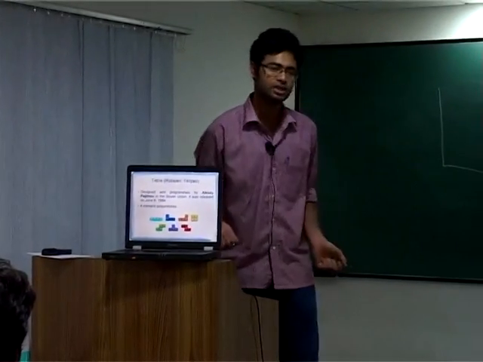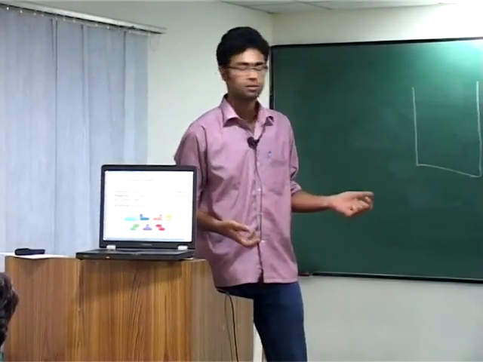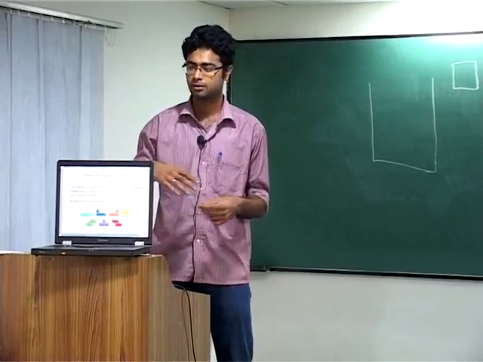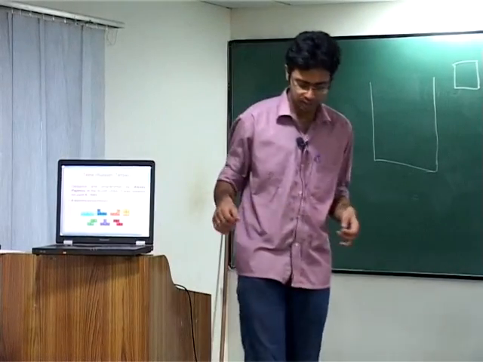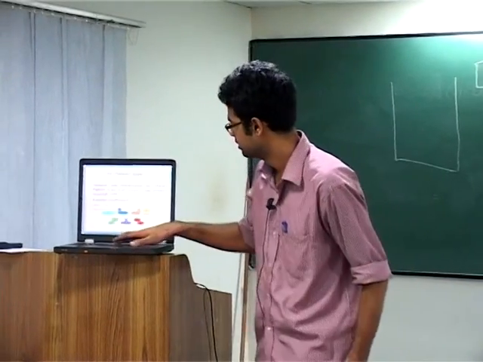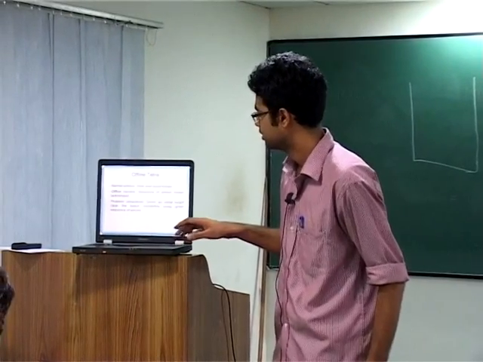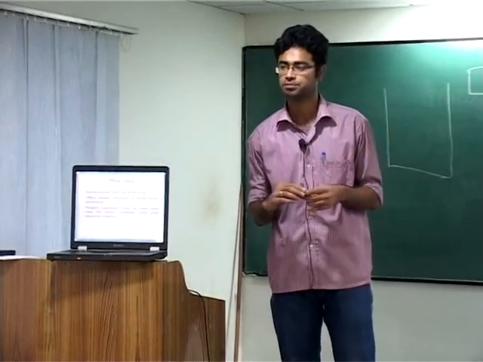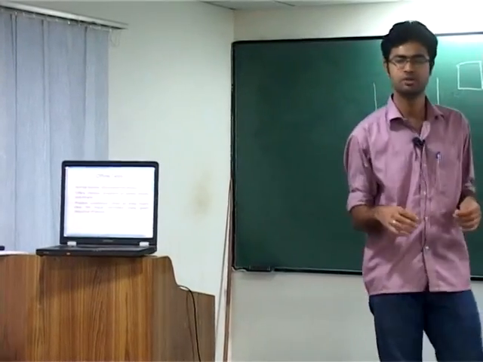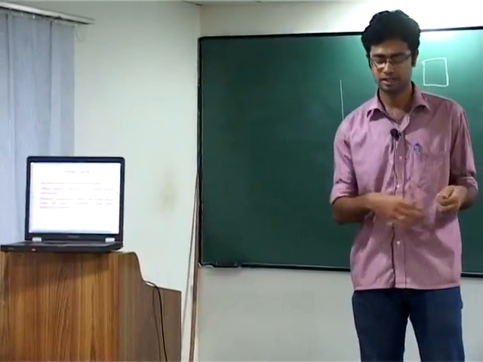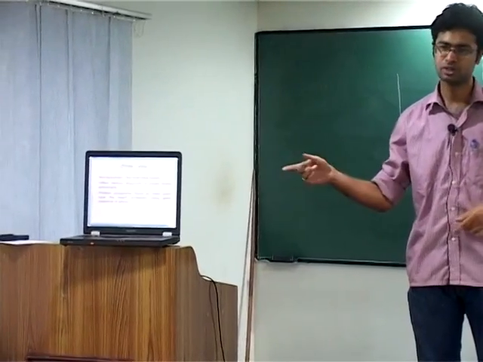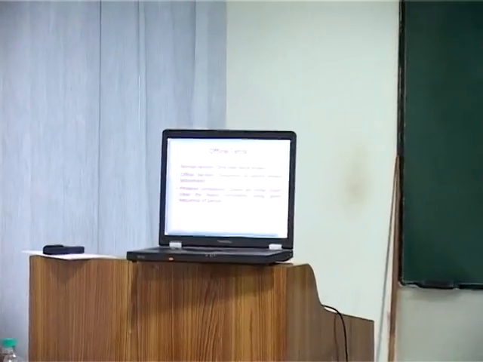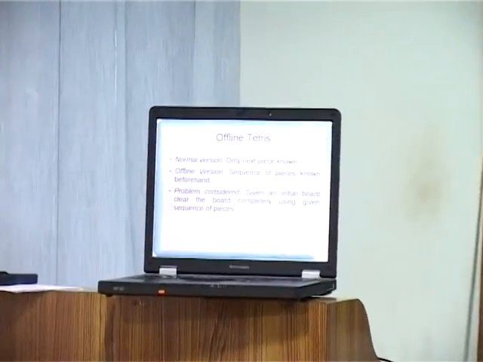In order to pose it as a puzzle, we make an offline version of it. That is, we know the sequence of the pieces beforehand. So the problem reduces to a puzzle. The problem we are solving is a little different in the sense that the initial board is not empty, it would have initial pieces beforehand.